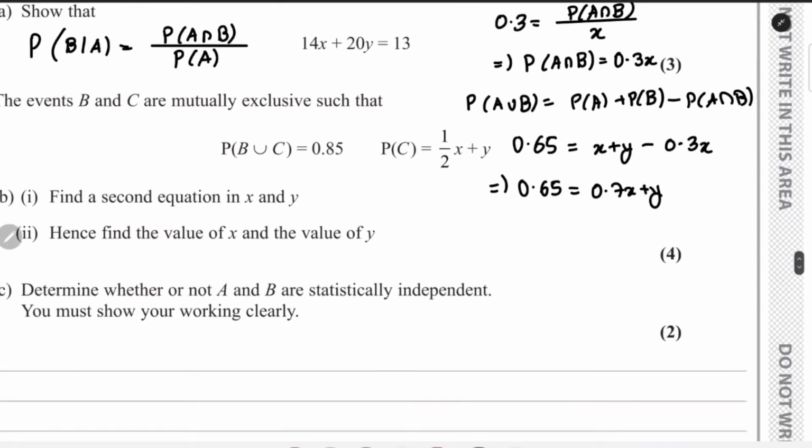If we multiply both sides by 20, 0.65 times 20 is 13, 0.7x times 20 is 14x, and 20 times y is 20y. So we get this equation over here. We can rewrite it in this form as well: 14x plus 20y equals 13.